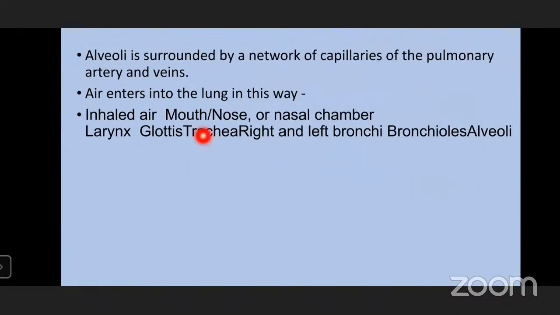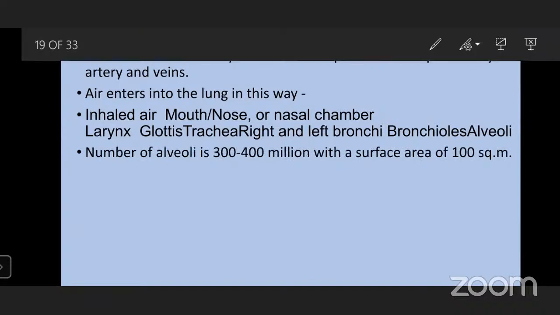So inhaled air first reaches the mouth or nose, the nasal chamber, then larynx, glottis, trachea, right and left bronchi, bronchioles, and then alveoli. So this is the passage of air: first mouth, then the nasal chamber, then larynx, then glottis, then trachea.